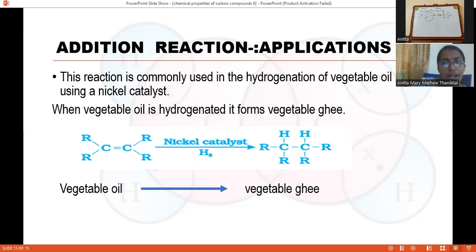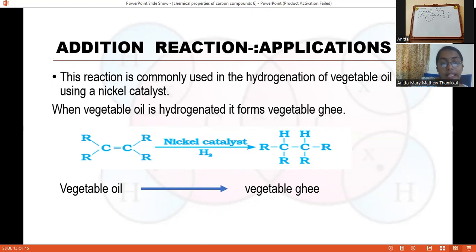What is the use of hydrogenation of vegetable oil? To increase the solid content and also shelf life. This is the use of hydrogenation of vegetable oil. So here we can say that vegetable oil is an unsaturated condition.